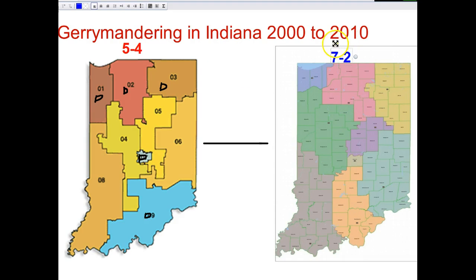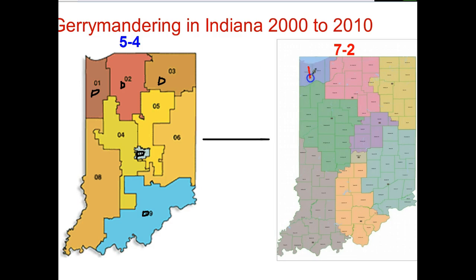So now what we get is a 7-2 ratio, and really I should have drawn these. These guys should be red, and this one should be blue, and that tells you a little bit. Now we have Democratic, and the rest are all Republican.